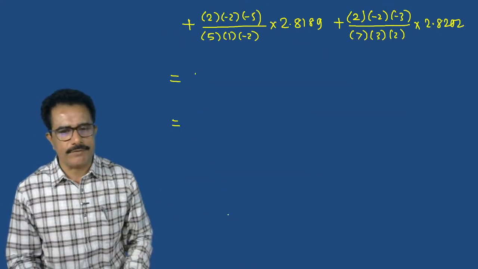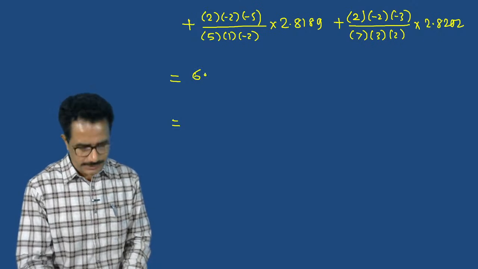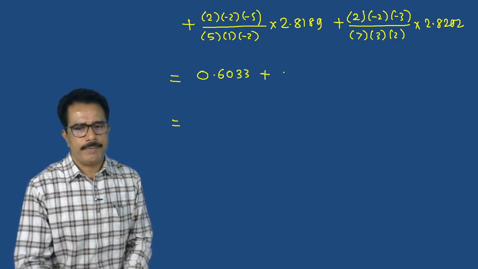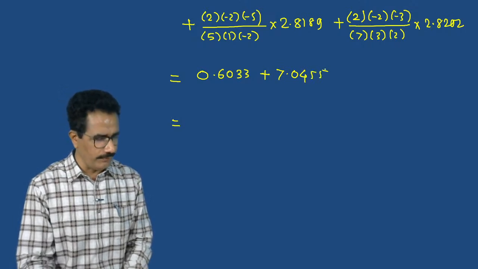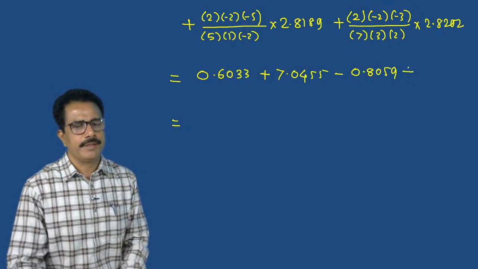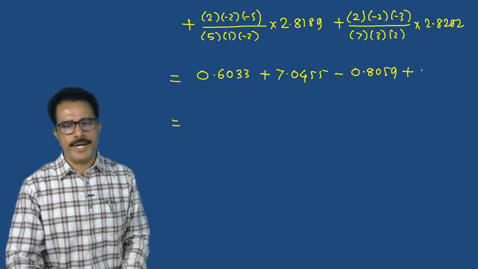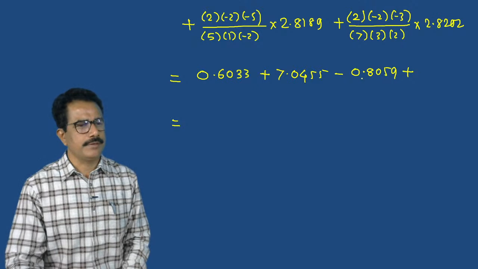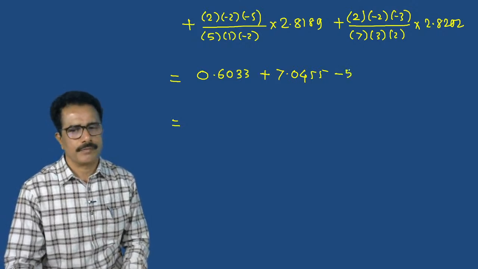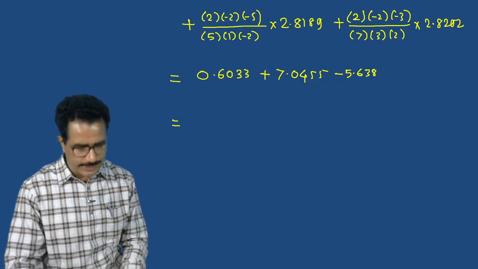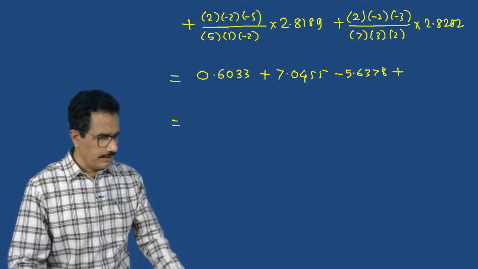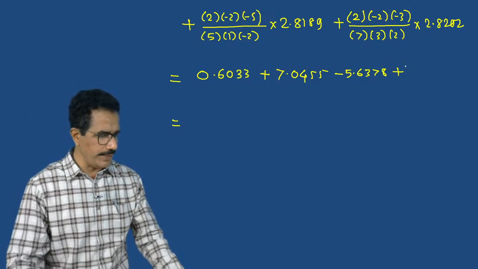Finally it will be 0.6033 plus 7.0455 minus 0.8059 plus 5.63878 minus 5.63878 plus the last cancels 0.8059.